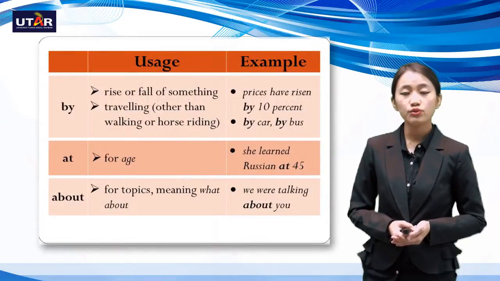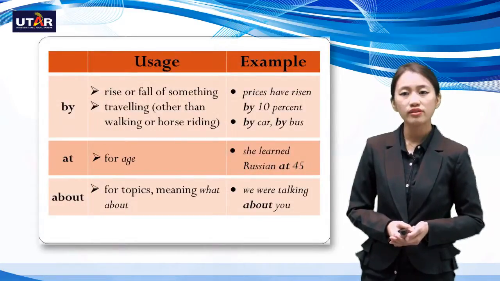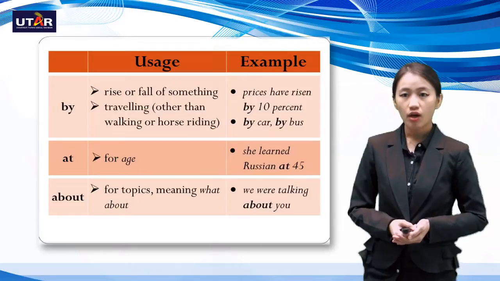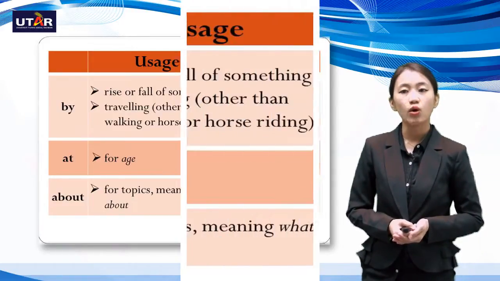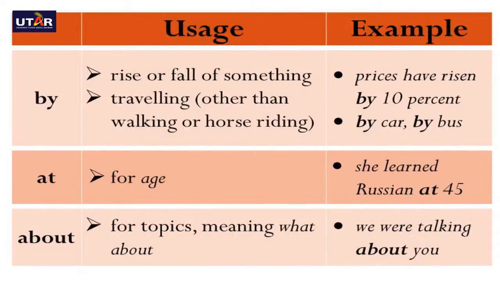We can also use by to indicate a rise or fall of something or traveling other than walking or horse riding. So for example here, prices have risen by 10%, or by car or by bus. So here the rise and fall would be how many percent it has risen or fallen by.